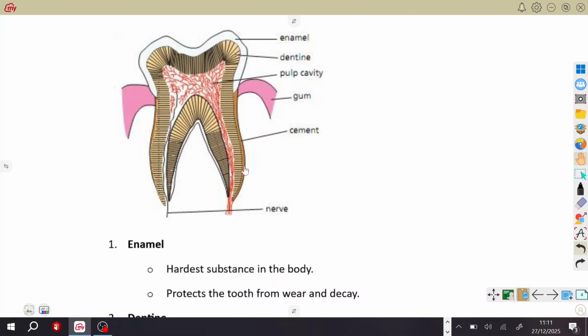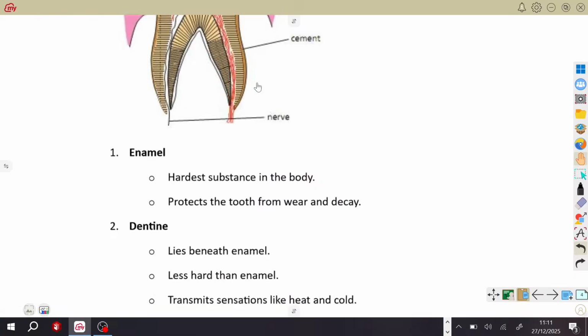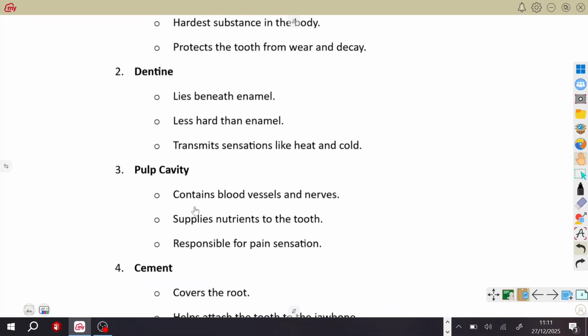Then on the other side we have the nerves that are able to transmit information to the dentin and also to the central nervous system. So inside the pulp cavity, we have the blood vessels and the nerves.